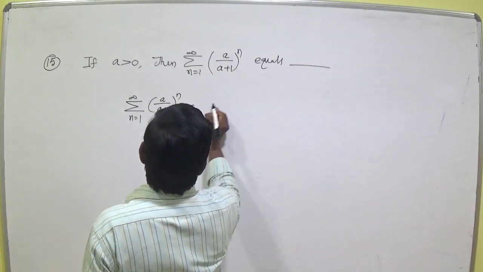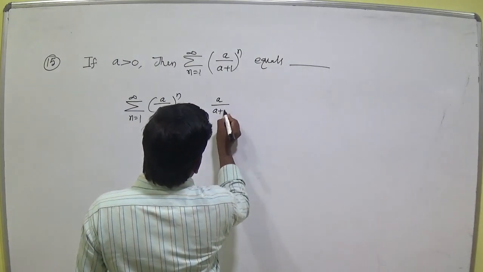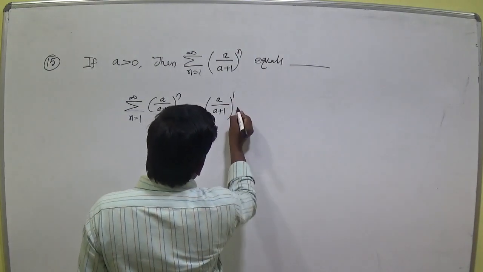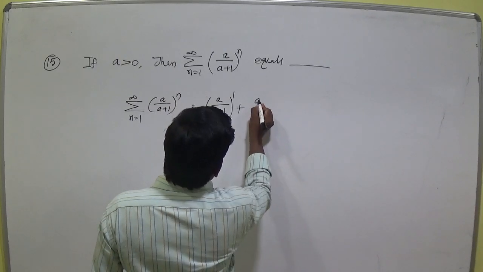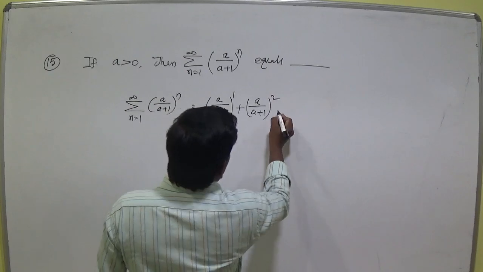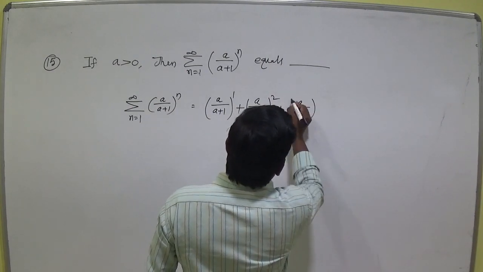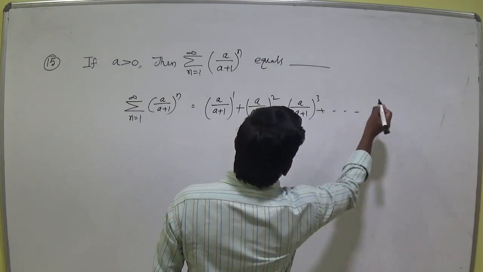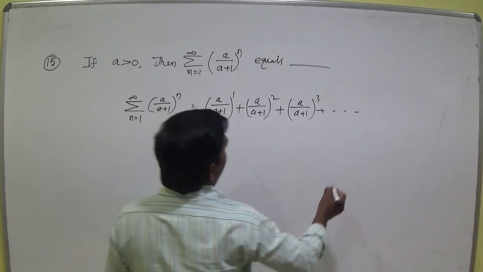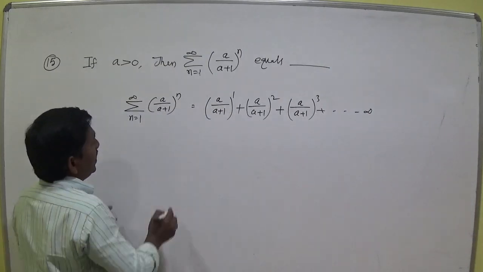You can write it like this: a by a plus 1 whole power 1, plus a by a plus 1 whole square, plus a by a plus 1 whole cube, plus so on to infinity.